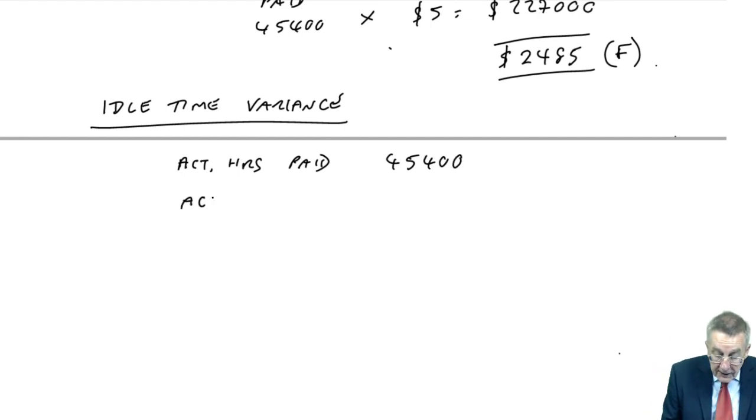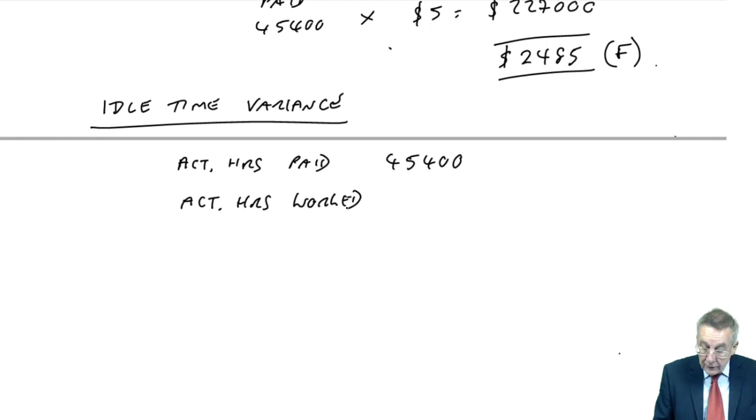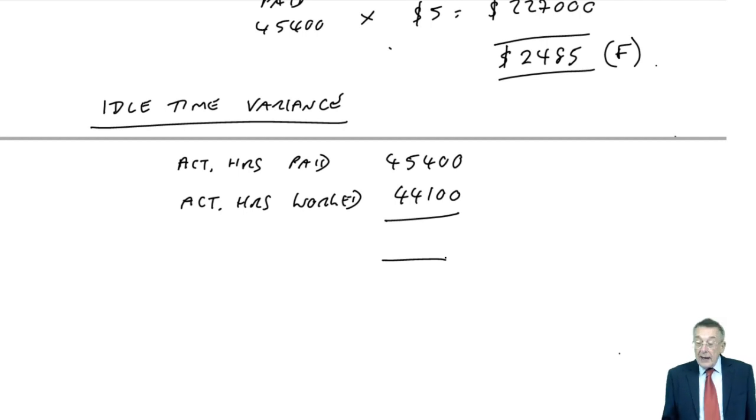Compare it with the actual hours they worked. 44,100. And the difference, of course, are the hours when they weren't actually doing anything. So there were 1,300 hours idle.